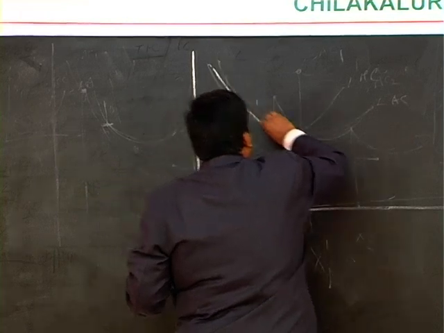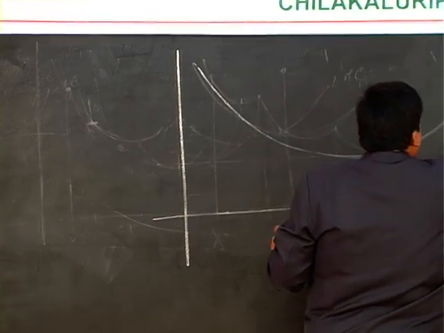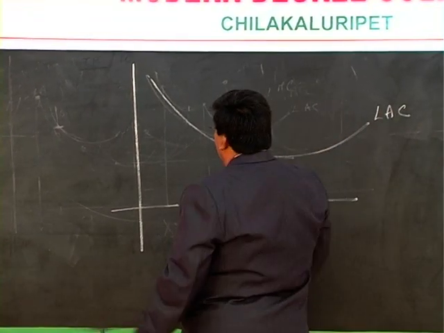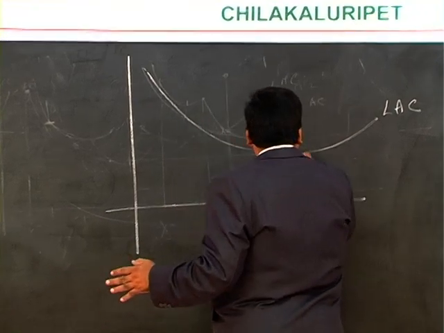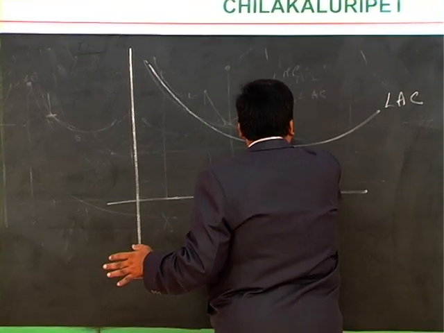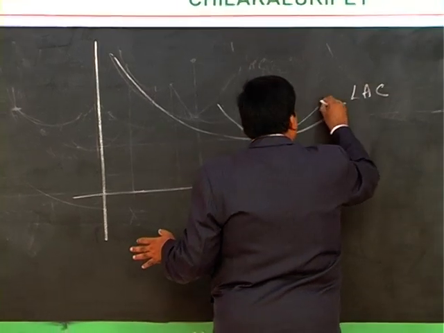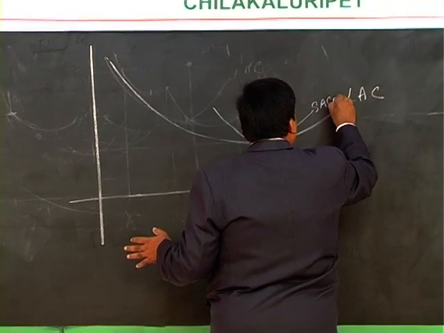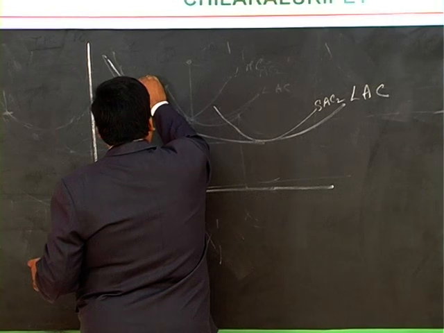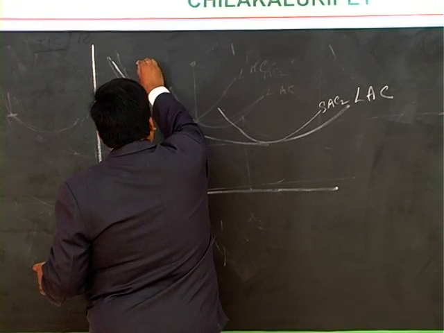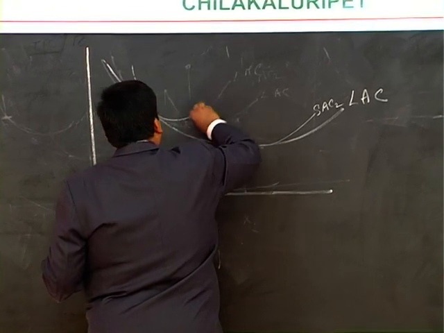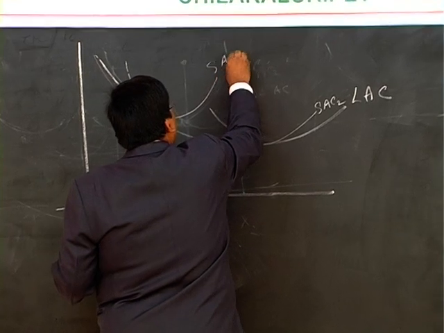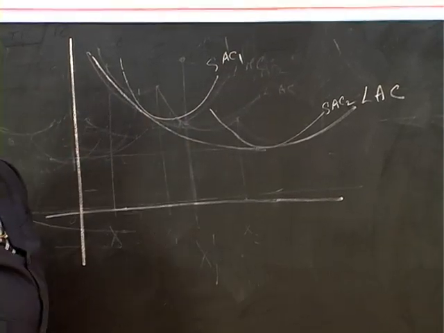Let us see. This is LAC. And imagine only two situations. One is the least point here, SAC 2, and another, SAC 1. Imagine only two situations.